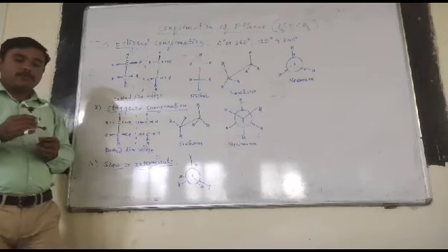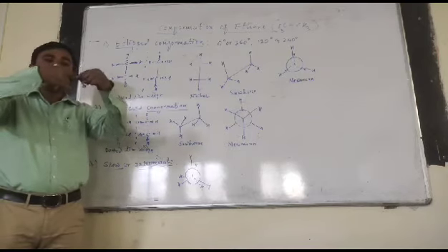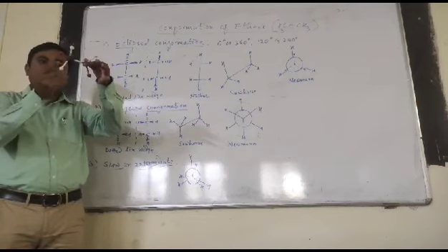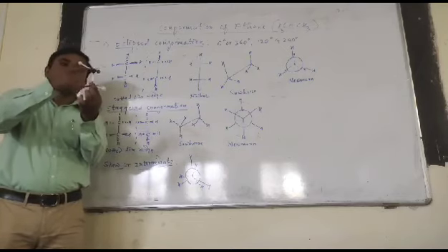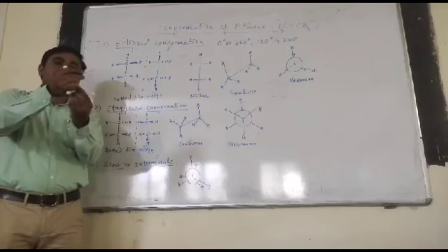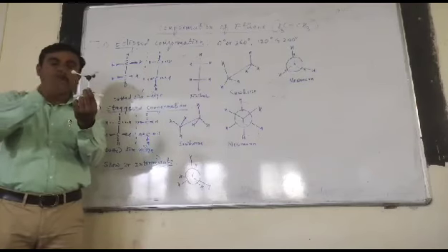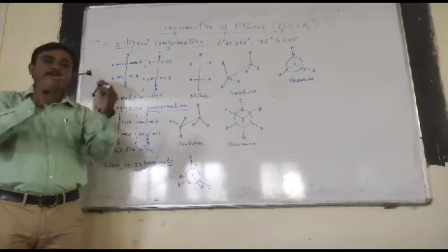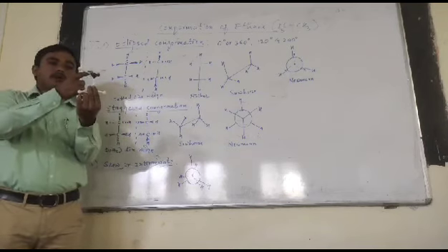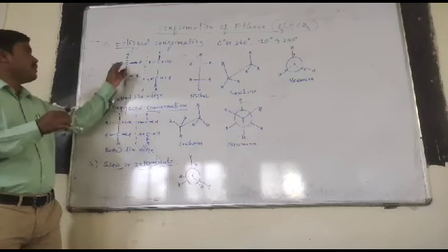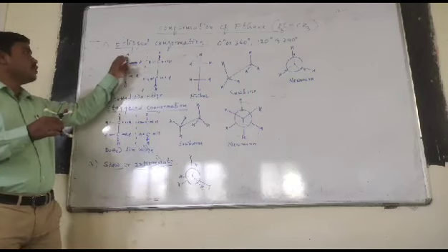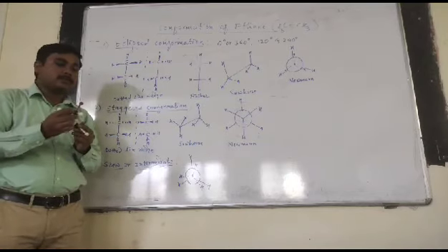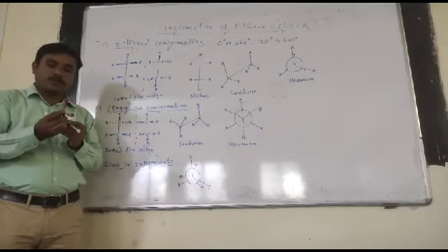Those atoms which are present below the plane of paper or away from the observer, like this red atom, are represented using the dotted line. So this projection formula is known as the dotted line wedge projection formula.